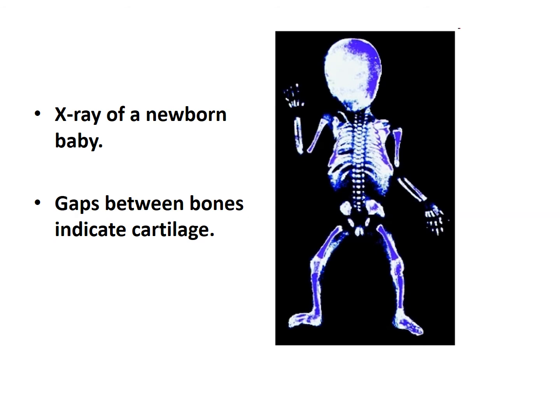Here's an x-ray of a newborn baby. You can see the white portions are where there's bone tissue, and the dark blue gaps indicate where there's cartilage. That cartilage is going to get filled in.